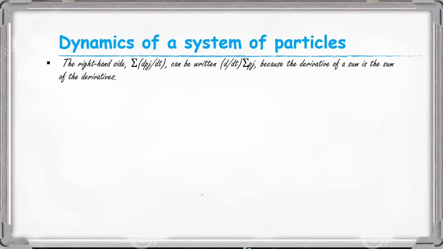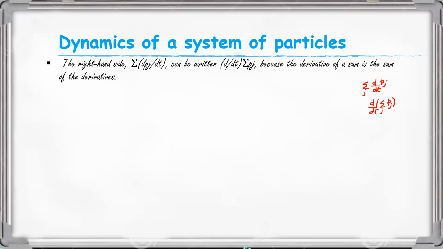It can be written as summation d by dt of pj, summation over j. Here the summation and derivative can be interchanged. Okay, so d by dt of summation j pj.